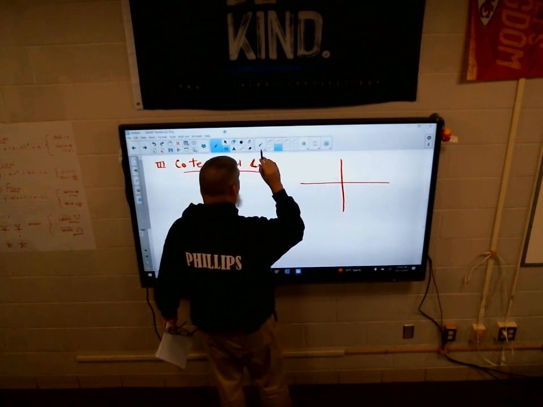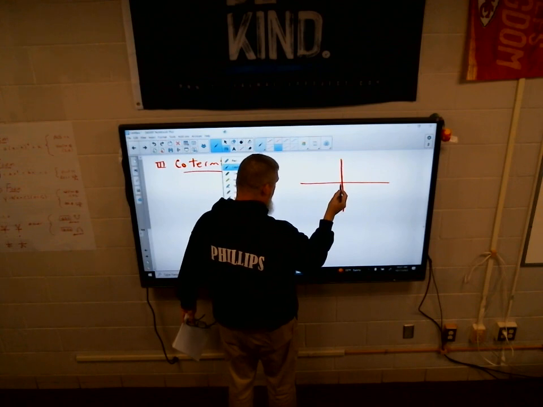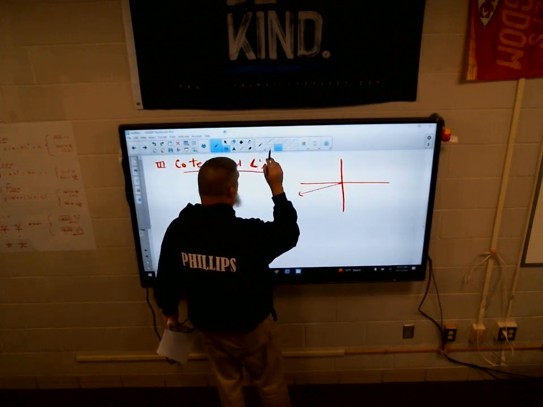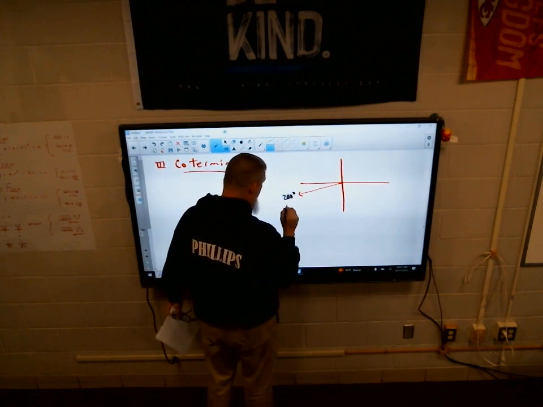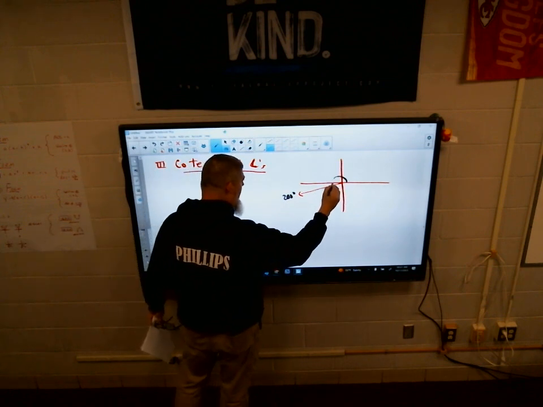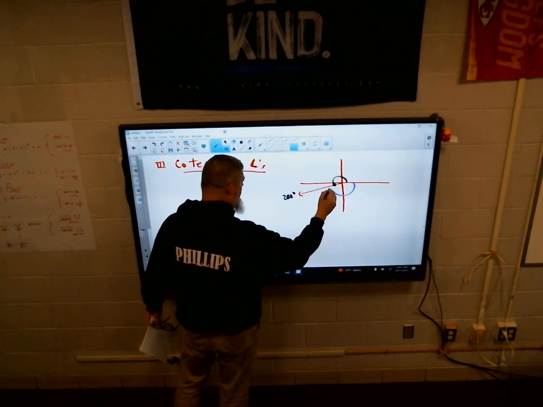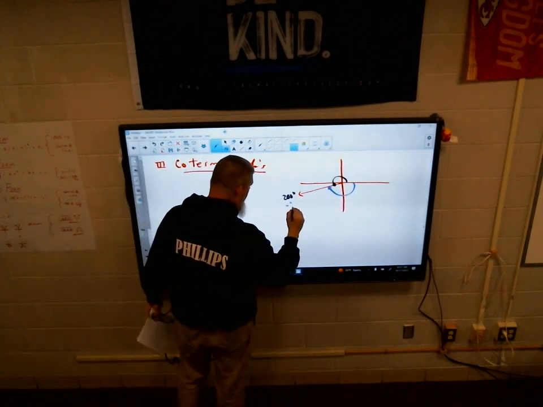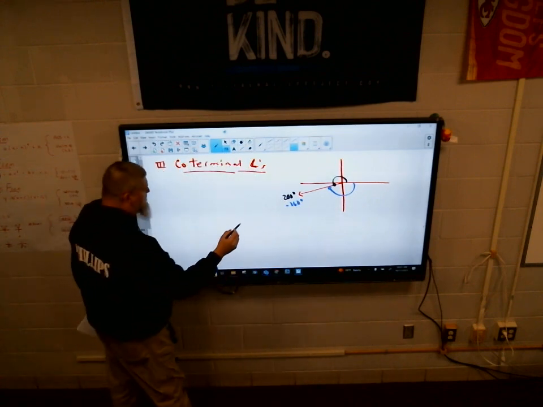We'll do this one in degrees just so we can see it. Let's say we're right here, and we'll call that 200 degrees. What is its coterminal? Rather than going positive, what would be its coterminal going negative? Negative 160, because it's simply a difference of 360 degrees. So those are said to be coterminal.